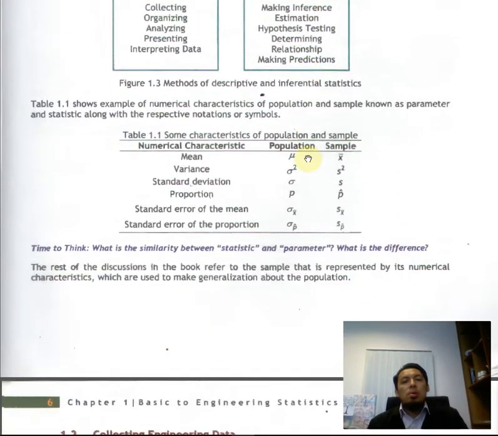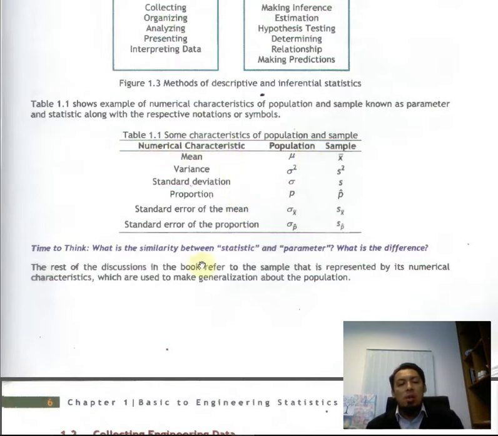So let's look at parameter and statistic. As I said before, whatever is calculated using the data of the whole population is known as a parameter, and anything calculated using the sample data is known as a statistic.